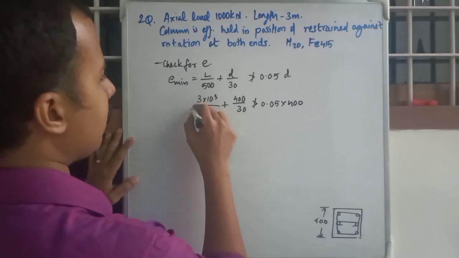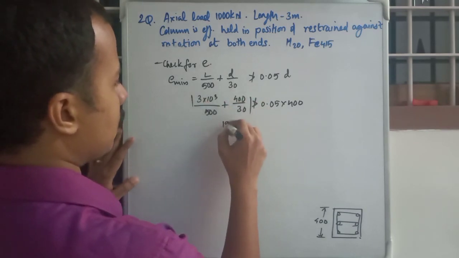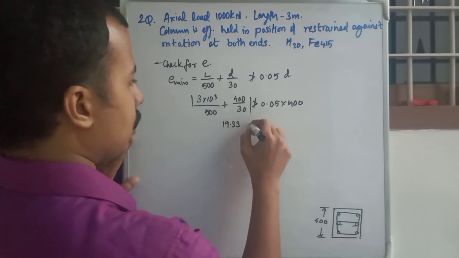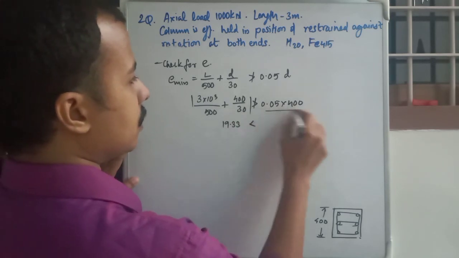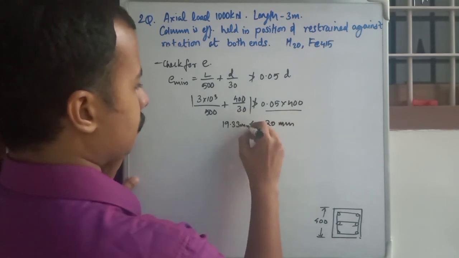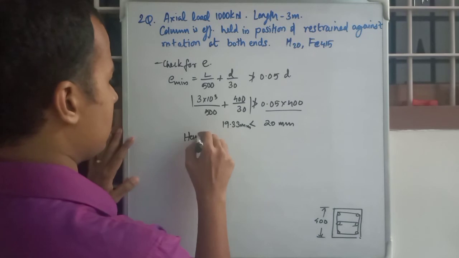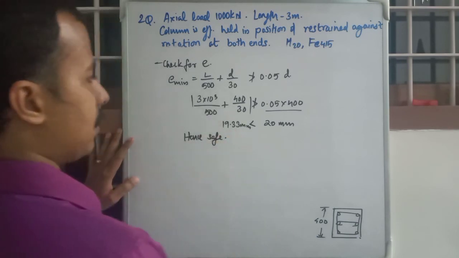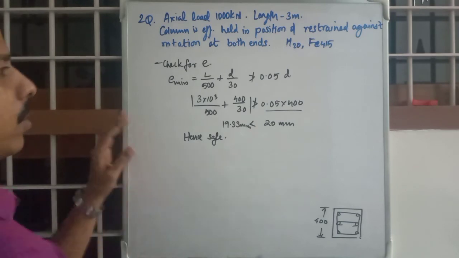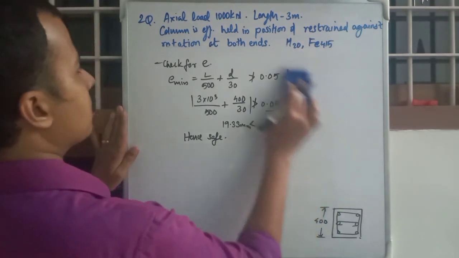You will get this value as 19.33. It is less than this given value, that is 20 mm. Hence safe. So that is the second condition, and we are moving on to lateral ties.